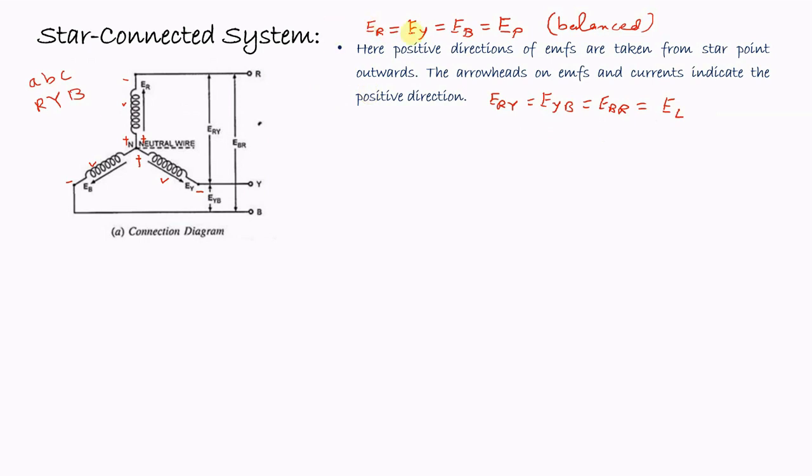If the phase voltages are equal, then the line voltages will also be equal in magnitude. But remember one thing, there will be a phase difference between the phase voltages as well as between the line voltages. That we will discuss later.